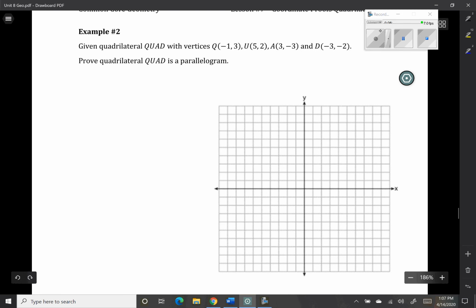So the next one asks, is this a parallelogram? So as you're reading this, it gives you the vertices, but it's asking you to prove something. It's asking you to prove that this shape is a parallelogram. So my plan, since it's a parallelogram, is just use slope to show both sets of sides are parallel.